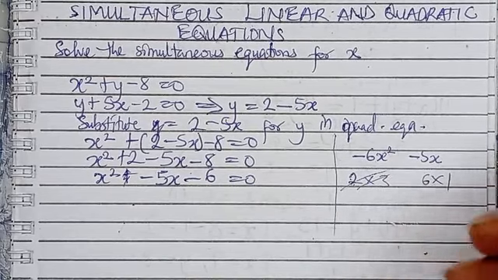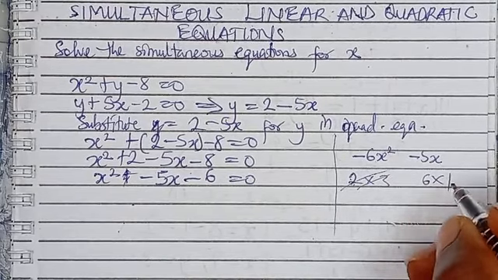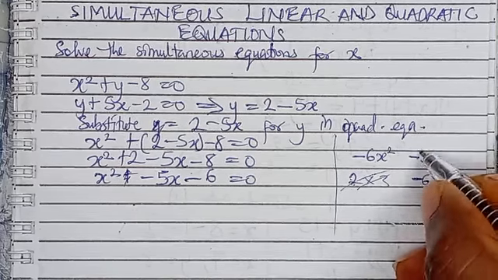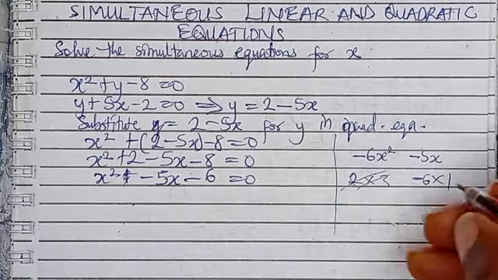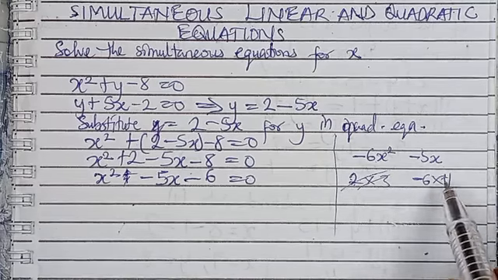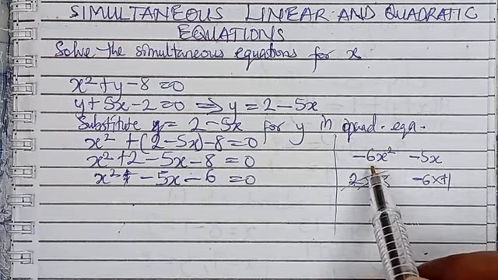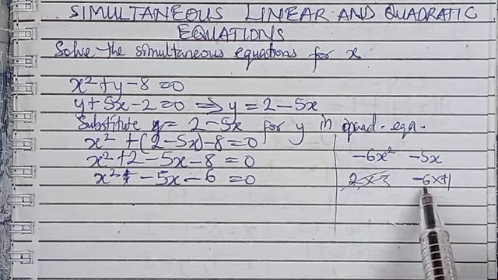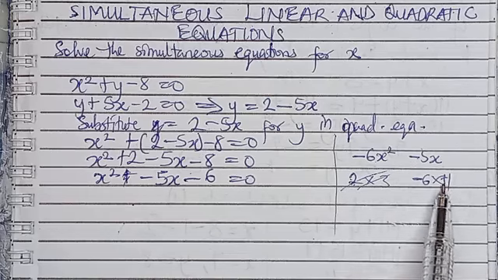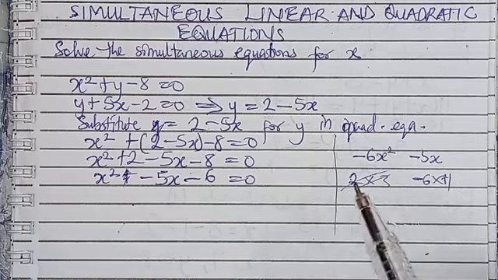But for this, one has to be negative, so the bigger value has to carry the sign of the middle term, and then the other one will carry the opposite sign. So minus 6 plus 1 is minus 5, and minus 6 times plus 1 is minus 6.